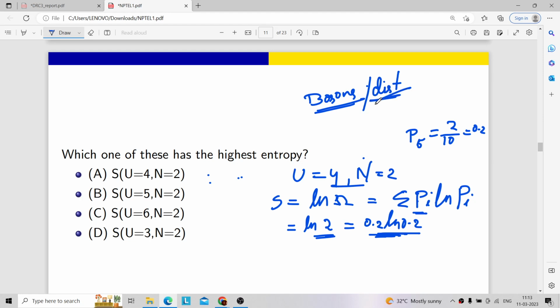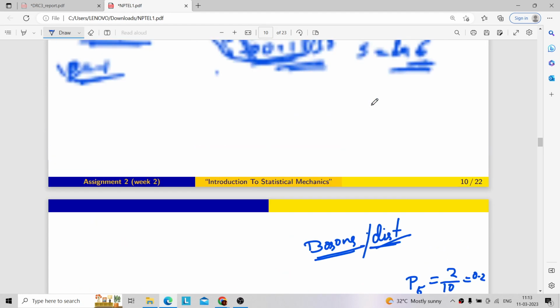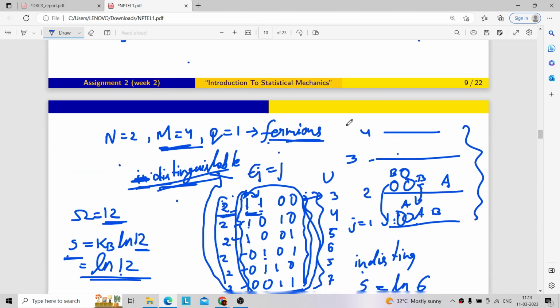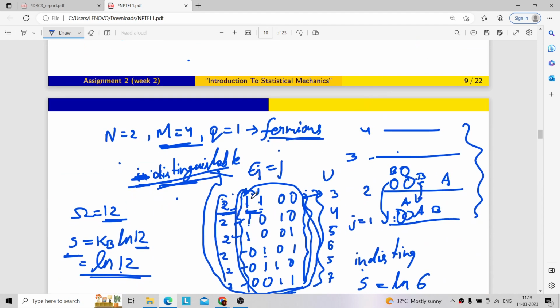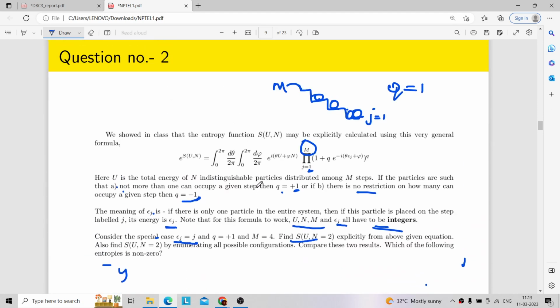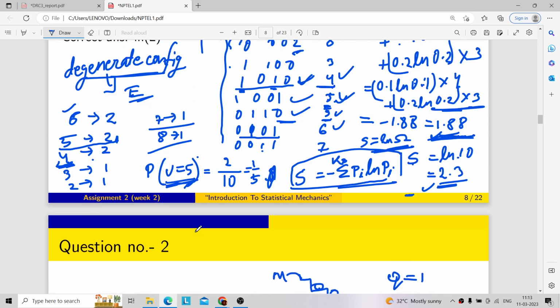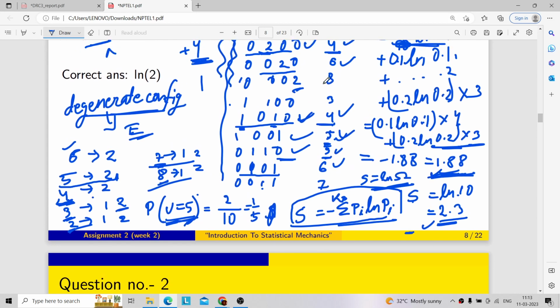If you consider them to be indistinguishable, then we will have extra arrangements, and these will have 2 different configurations. So we will have two states with energy 3, 2 states with energy 2, and 2 states with energies 7 and 8.